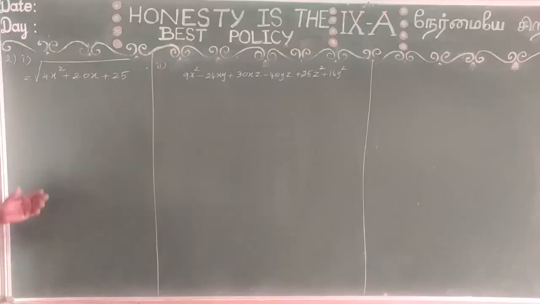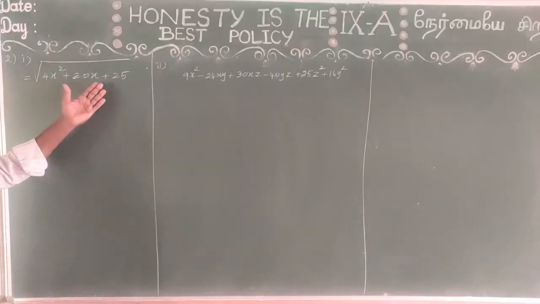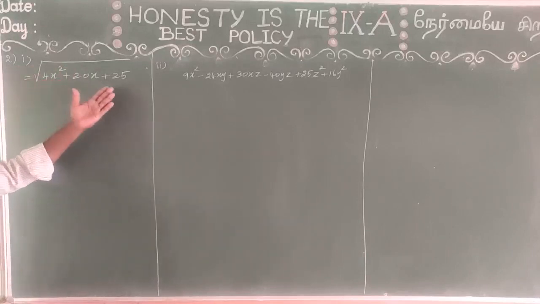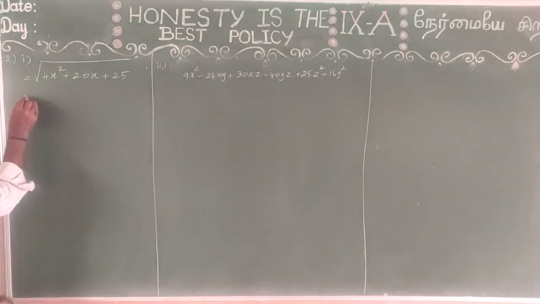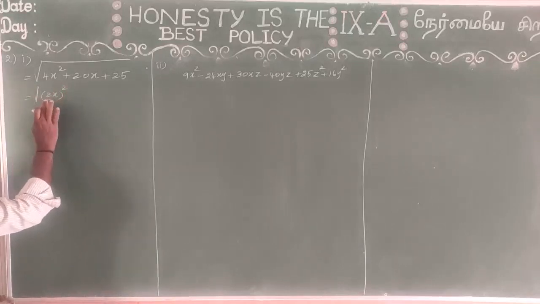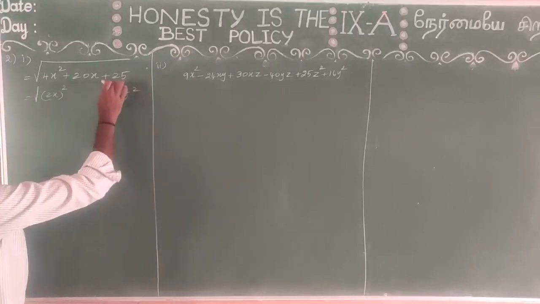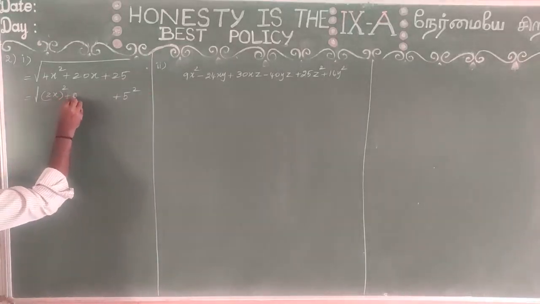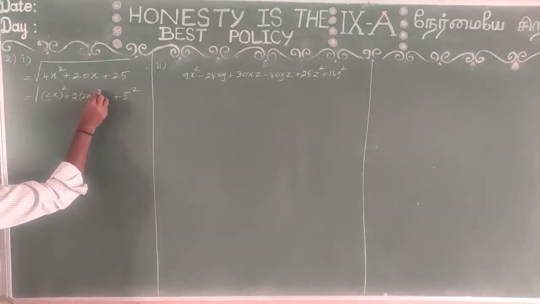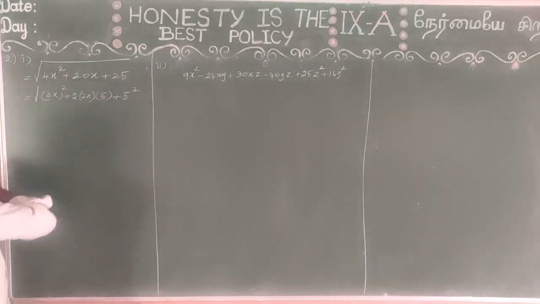That's all. Next, the second one. Find the square root of the following: 4x square plus 20x plus 25. That is formula set, that means root of 2x the whole square, that is 4x square, plus 5 square, that is 25, plus 2ab: 2 into 2x into 5, 2 2s are 4, 4 5s are 20 into x, 20x.